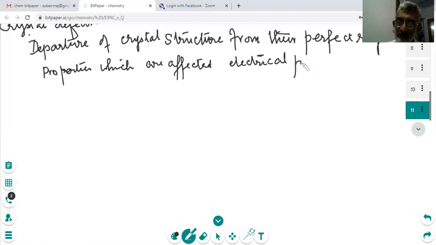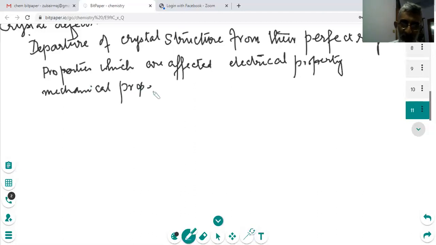Then the mechanical property, that is, the ability of the crystal to bear stress. The strength of the crystal will differ.